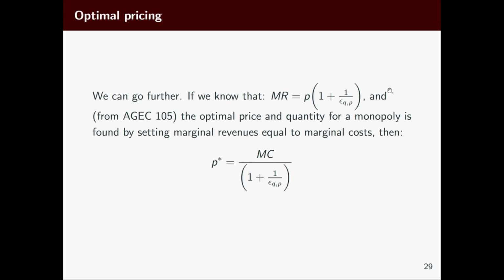So if we set this function here, marginal revenue, equal to marginal cost, and rearrange, what we can find is at that optimal point where marginal revenue equals marginal cost, the optimal price is going to be equal to marginal cost divided by this number here. Okay? So if we know our own price elasticity and we know marginal cost, we can solve for the optimal price. That means we can solve for exactly how much we should be selling our product for.